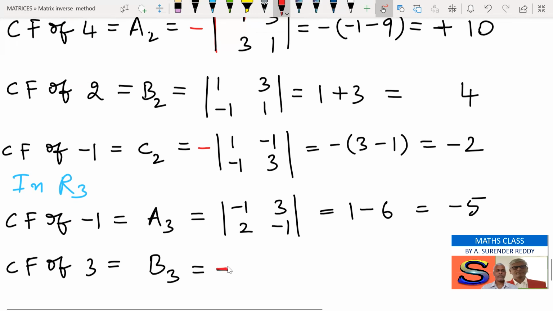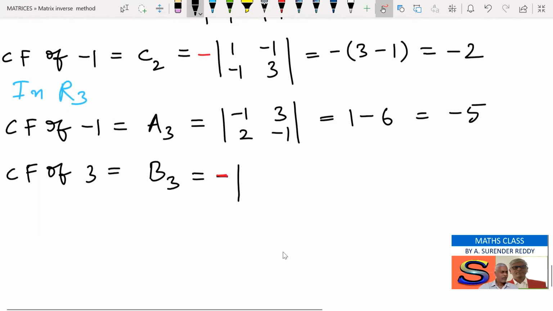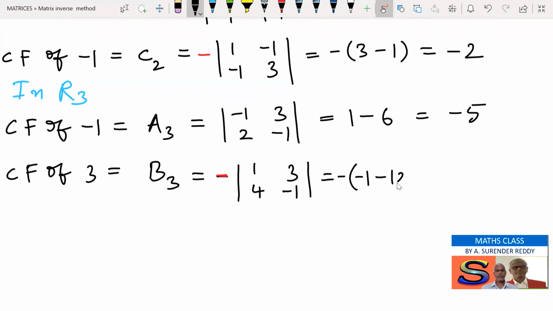So don't forget to multiply with minus. Eliminating the third row, second column, 1, 4, 3, minus 1. So minus into minus 1, 4 into 3 is 12. Minus 13 into minus, this is plus 13.